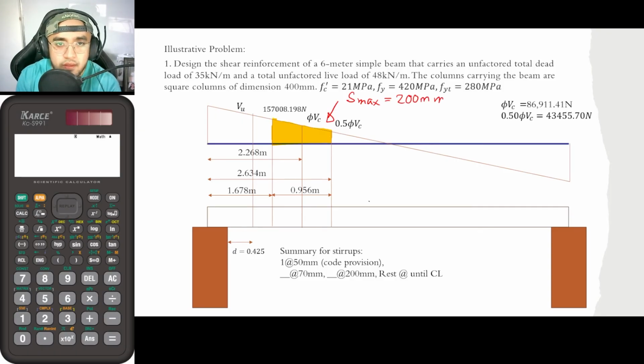What about for this portion here at the left? So we know for a fact that from this point, from the face of the support up until VU is equal to VU at D, we would be providing a spacing of 70 mm. But what about for this region here at the middle part? So for accuracy purposes, you could actually solve for whatever this shear is.